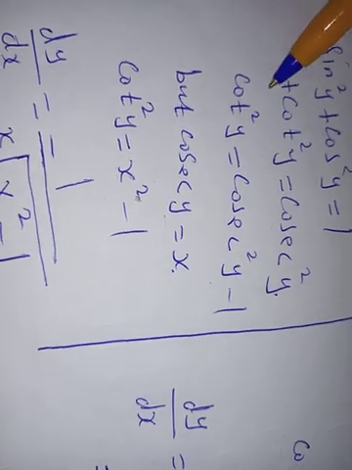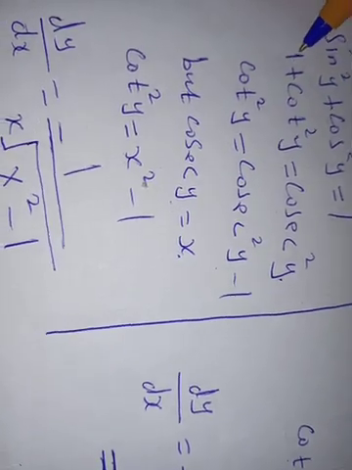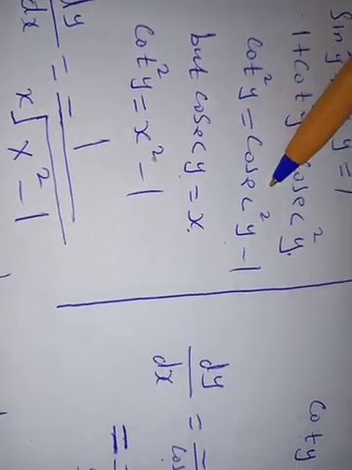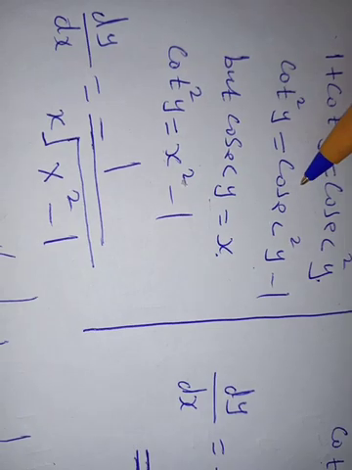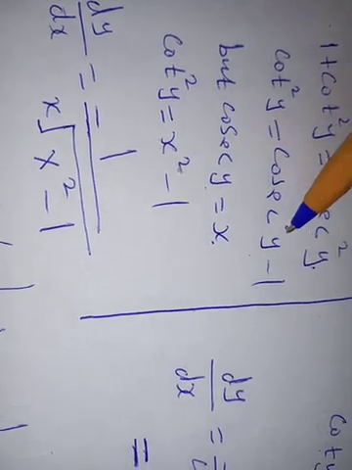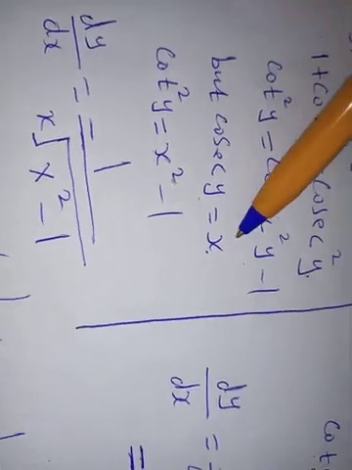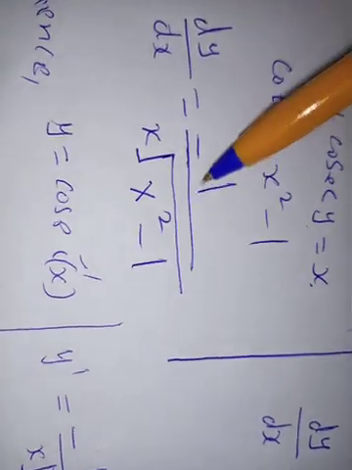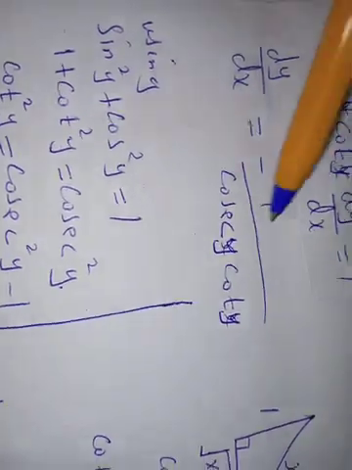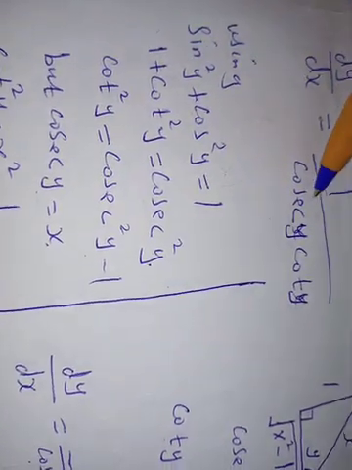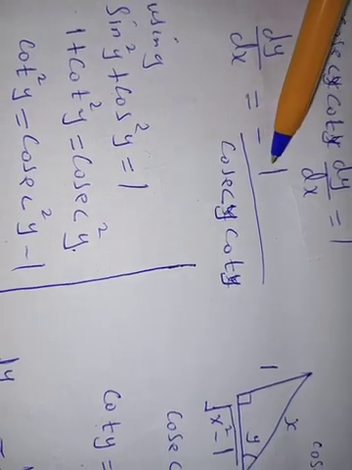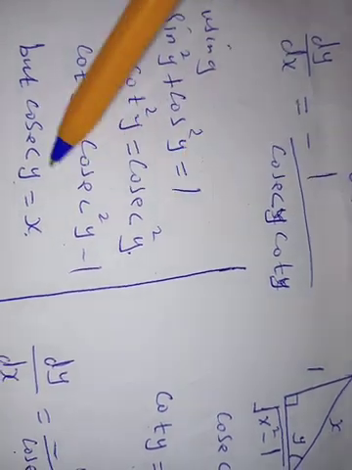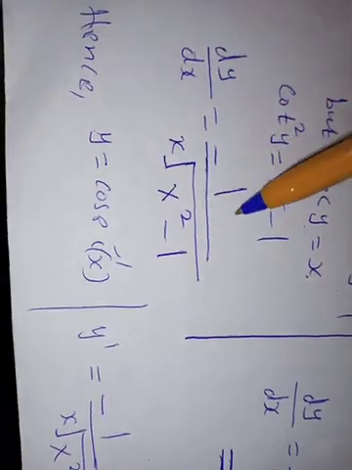So you subtract 1 on both sides. So here we will be left with cot y squared, which is equal to cosec y squared minus 1. But cosec y is equal to x. So cot y squared is equal to x squared minus 1. So we substitute in this formula here. Instead of cosec y, we write x, and instead of cot y, we write the square root of x squared minus 1 as shown here.